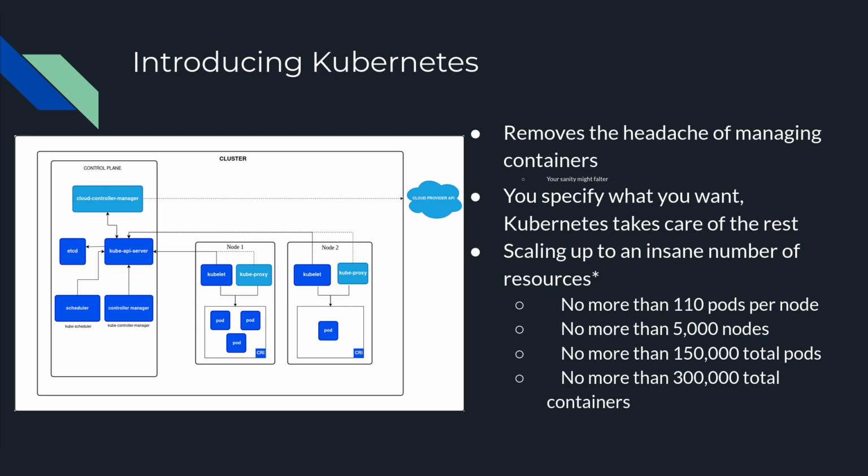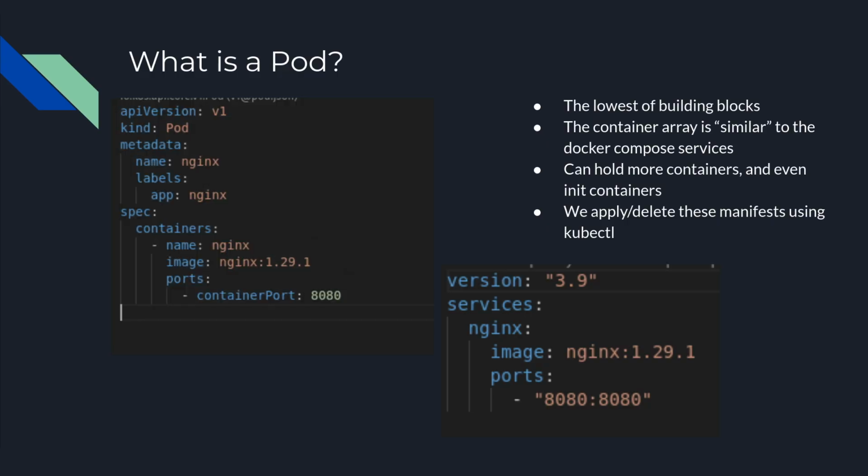ByteDance moved up to 20,000 nodes, and there has been a Google Kubernetes Engine cluster that uses up to 65,000 nodes for just AI training. So we'll start at the smallest thing you chuck into Kubernetes, and we'll first look at a simple pod.